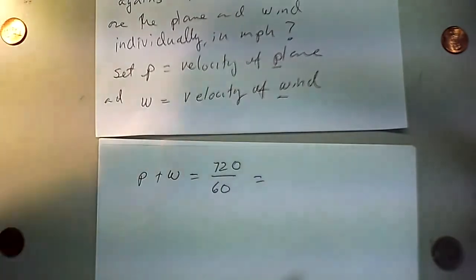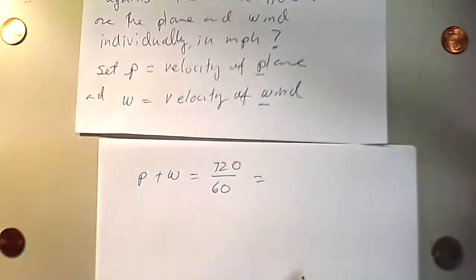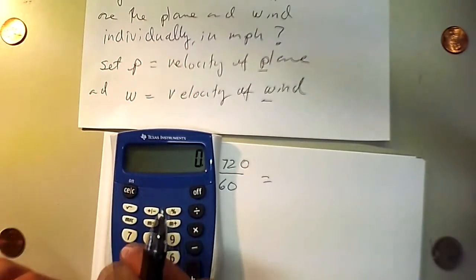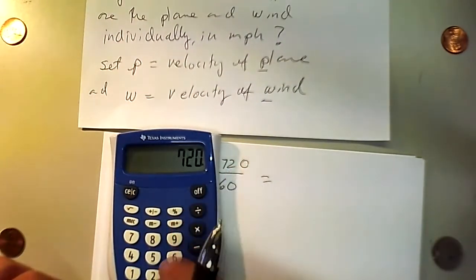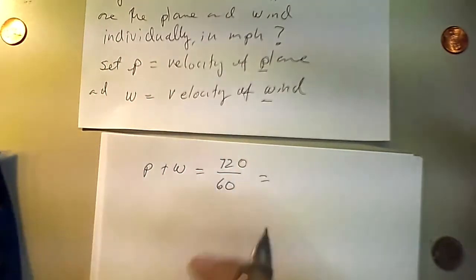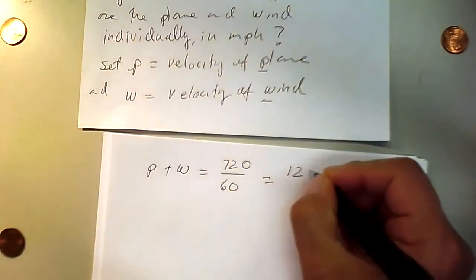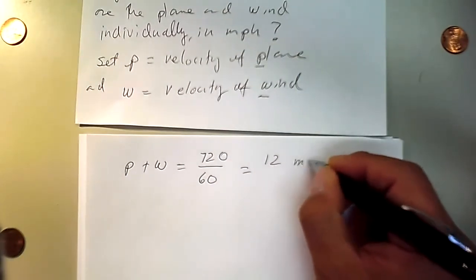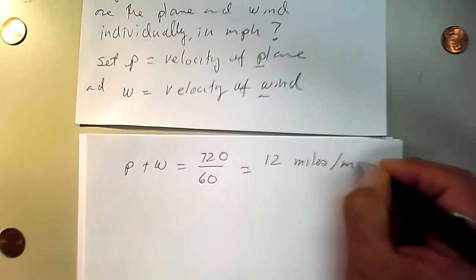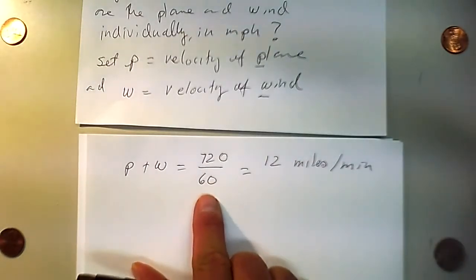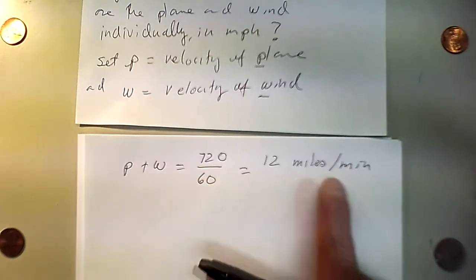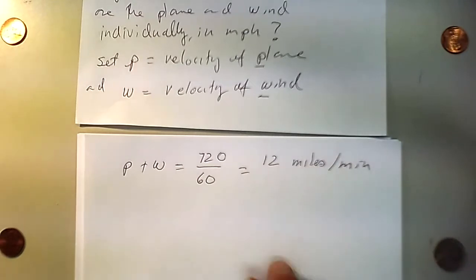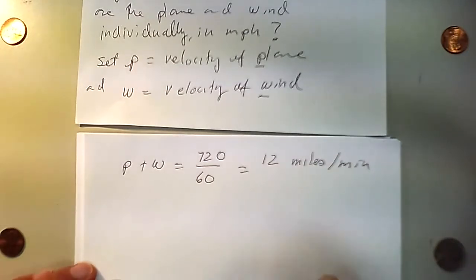There's the calculator. So 720 divided by 60, 12 what? 12 miles per minute, because these are minutes. So the units are preserved. These are not miles per hour. We will take care of that in a little bit.